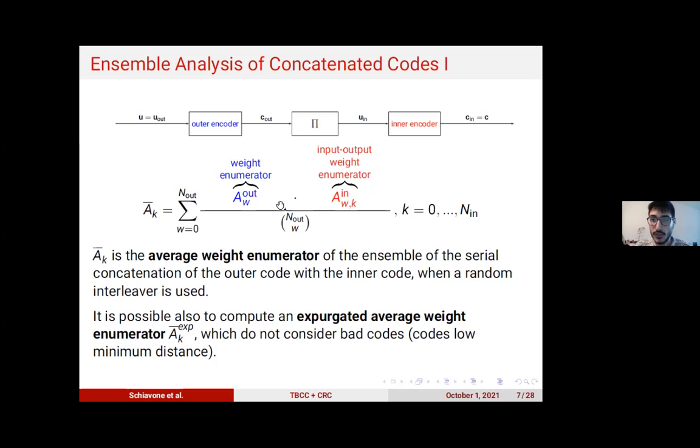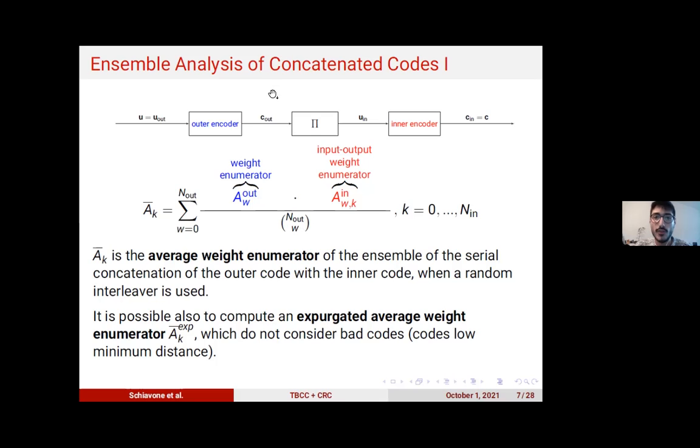But these ingredients are not sufficient. We still have to place our interleaver in the equation. Since we said it's a uniform random interleaver, what it does is take the ones of the code word of the outer encoder and place them at random.